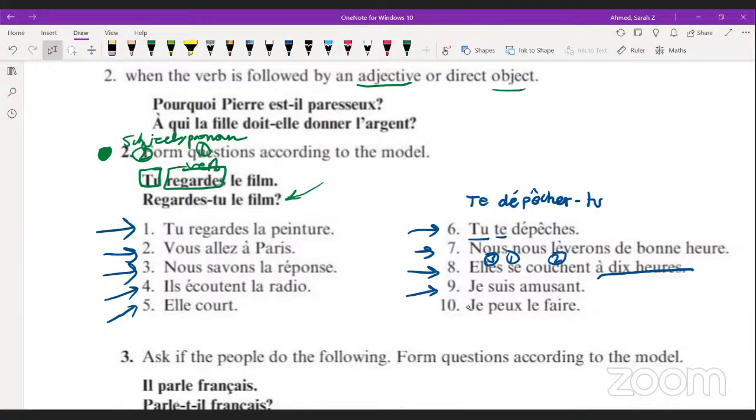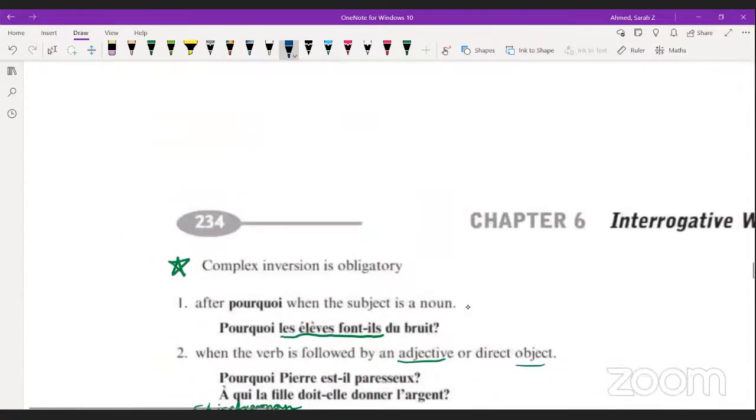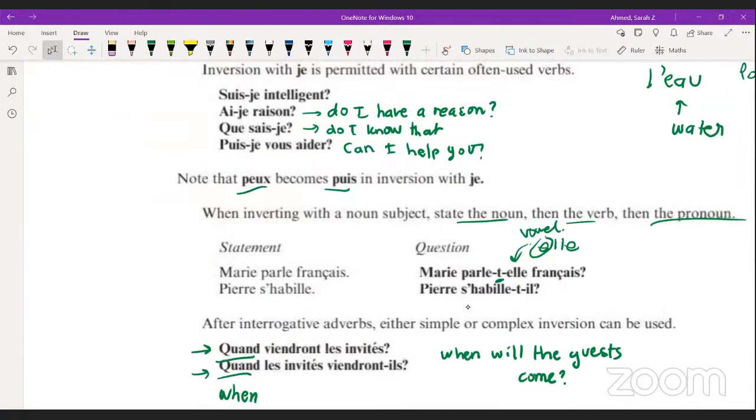Je suis amusant. Suis-je amusant? Excellent. And number 10. Je peux le faire. Good. Peux-je le faire? Okay, that's excellent, but I think that word is an exception.